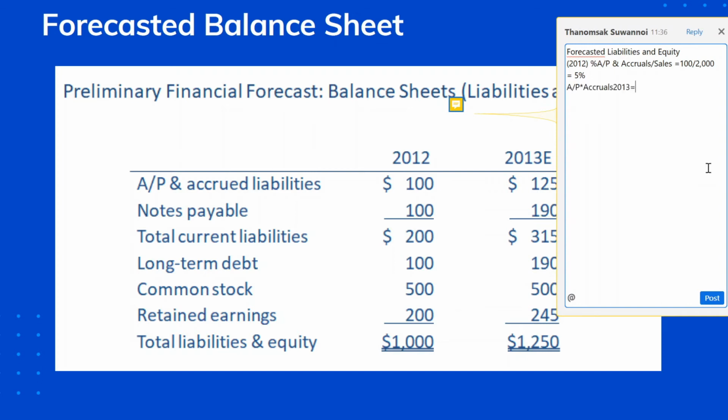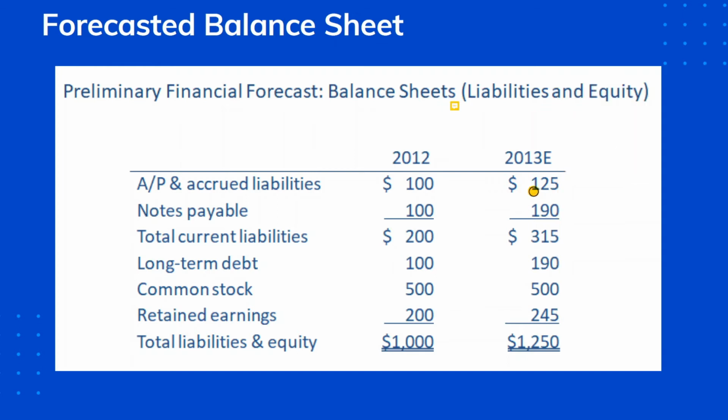Next, we can forecast the amount of accounts payable and accruals in 2013 using the percent of sales approach by having sales in 2013 as a starting point and multiplying by 5%. We get the expected amount of $125. We are now up to this point: accounts payable and accrued expenses.